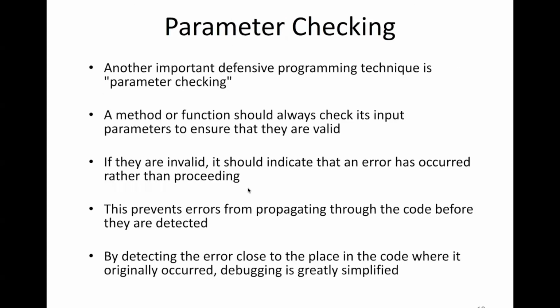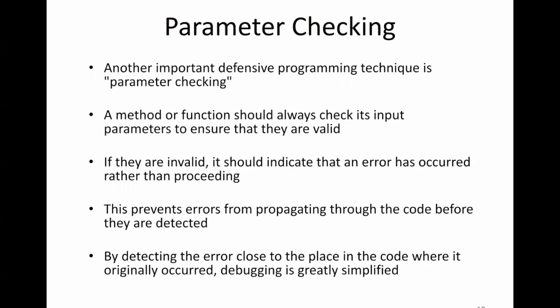Okay, so that takes us to another defensive programming technique. The first one was assertions. The next one is parameter checking. Parameter checking is something that we do to just make sure that the values are what we expected when we call a method or a function. And that's really what some of my asserts were.